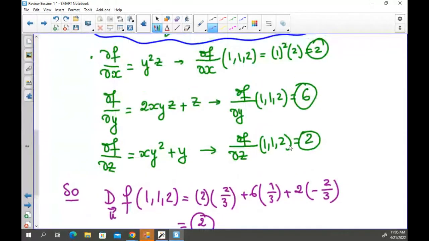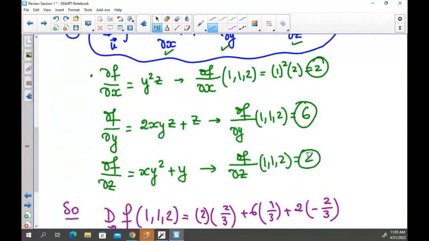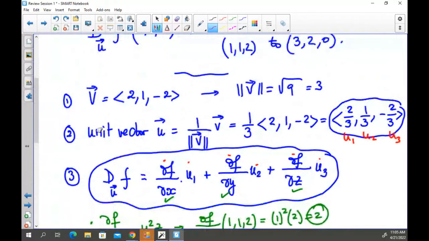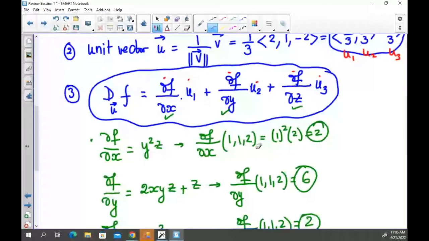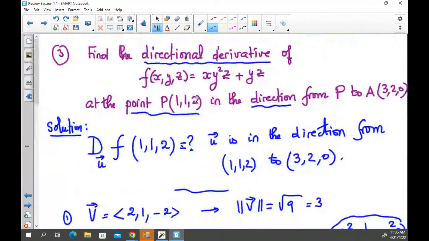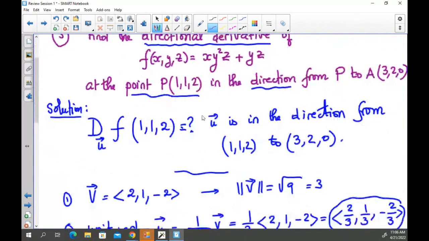Are we okay with this? So first step, you need to find the unit vector that will give you u1, u2, and u3. And the second step is to find the partial derivatives, df over dx, df over dy, df over dz, and you find them at the point 1, 1, 2.